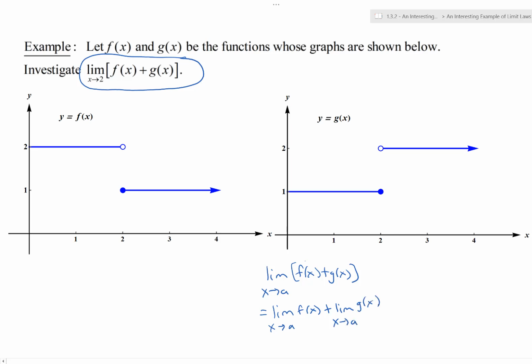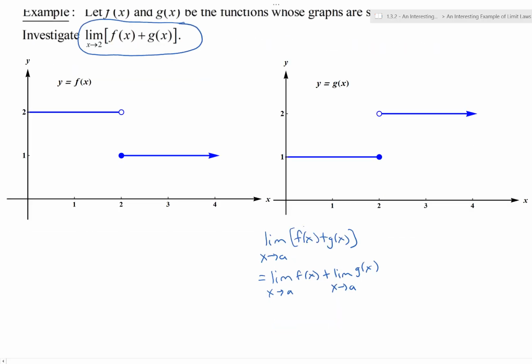But remember, that's only true if the limit as x goes to a of f of x and the limit as x goes to a of g of x both exist.